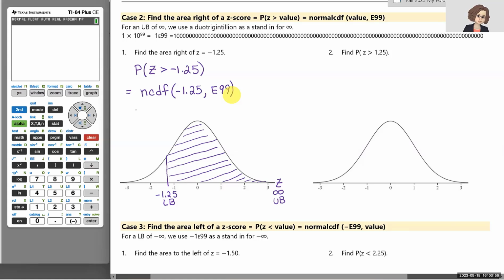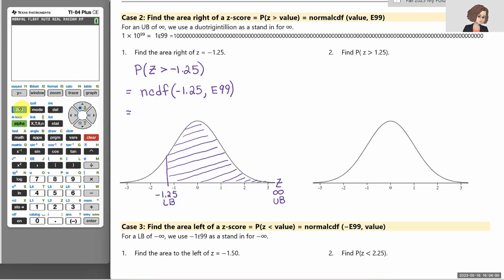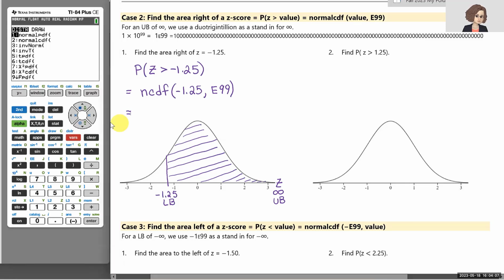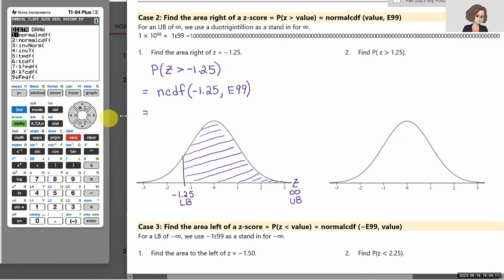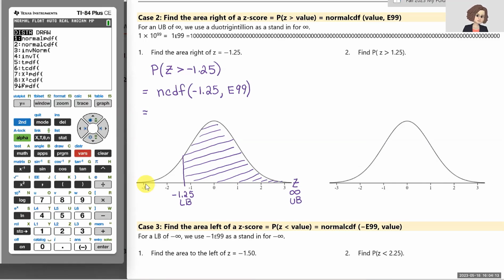So I'll show you how to enter that. Normal CDF first, so second, distributions. Let me make my calculator just a little bit bigger. Okay, so distributions, normal CDF, and then negative, so you're going to use your negation button, negative 1.25, comma.